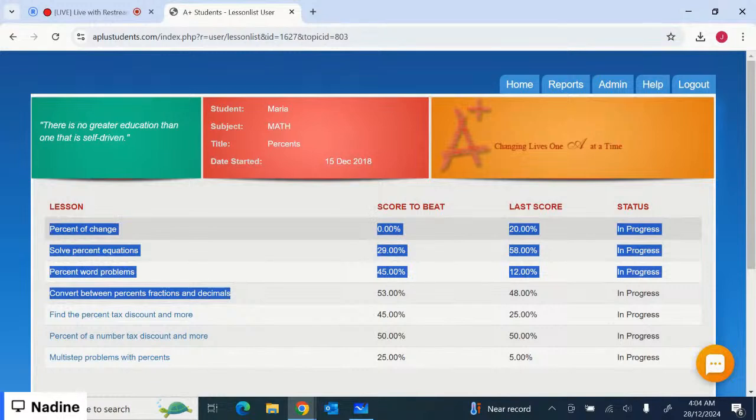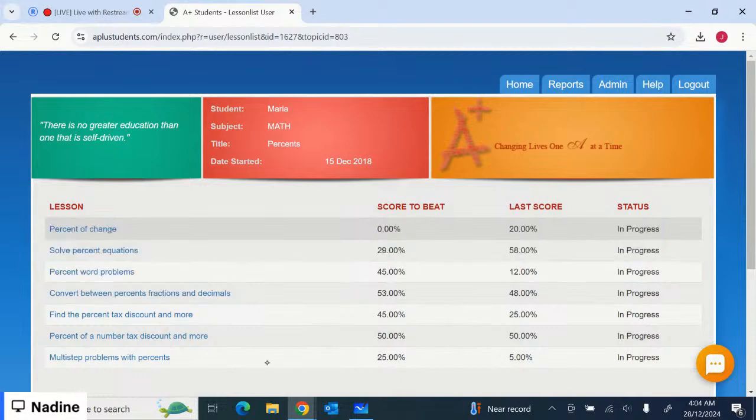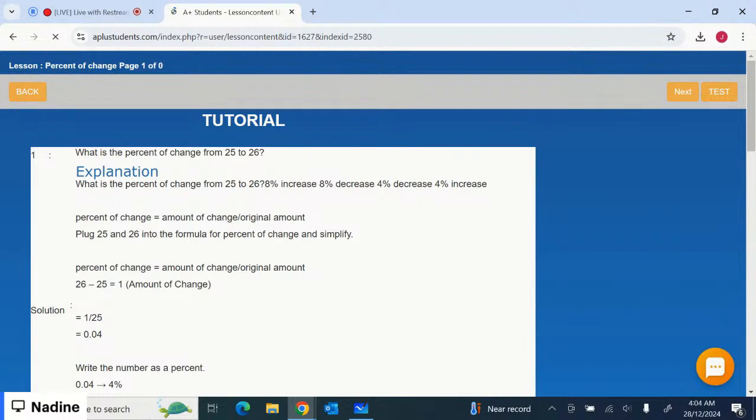The chapter we are on right now is percents. Let's just start with the first lesson, that is percent of change. What is the percent of change from 25 to 26? So the value is increasing from 25 to 26, right?